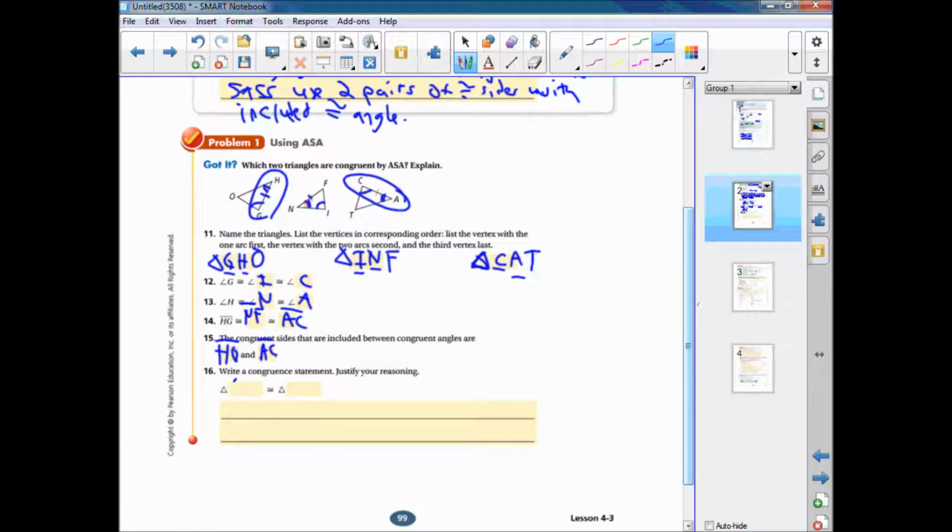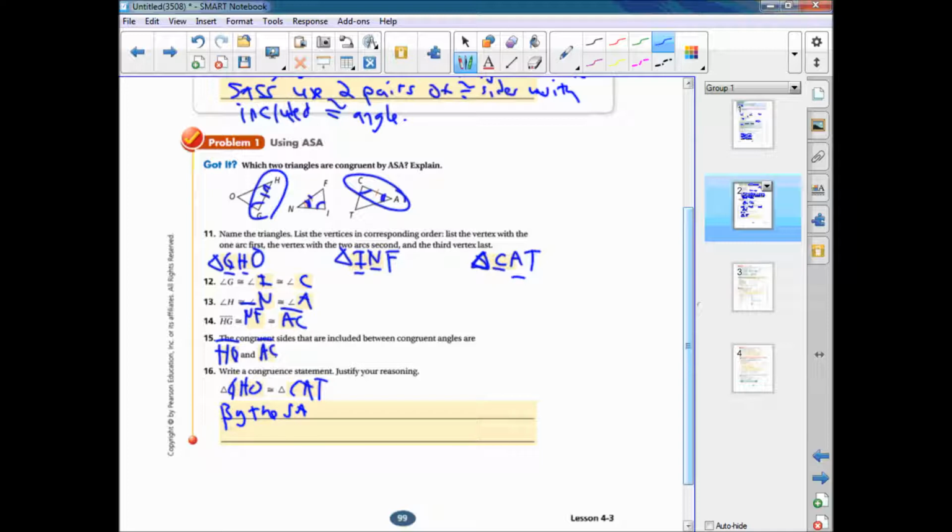Okay, so write a congruent statement and justify your reasoning. So I know that the first and third triangles are congruent. So triangle GHI is going to be congruent to triangle CAT by the SAS.